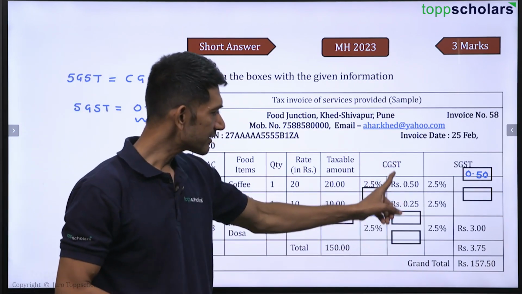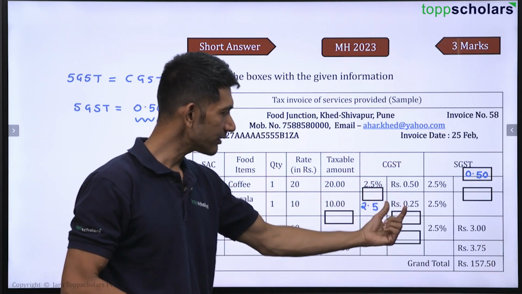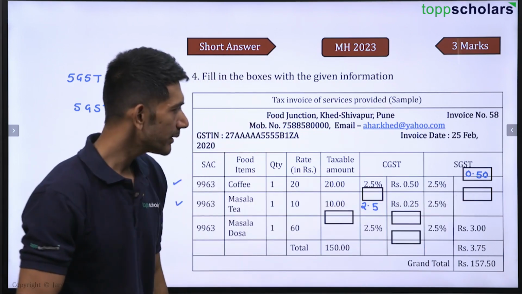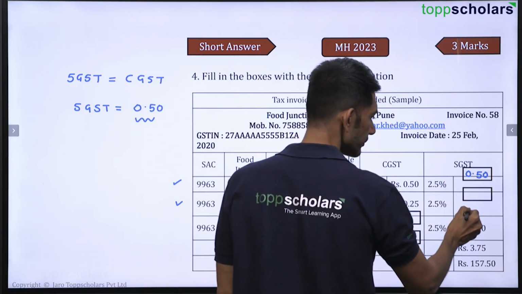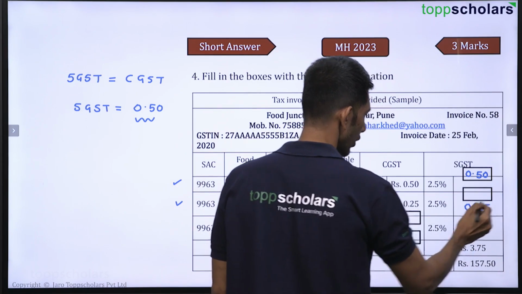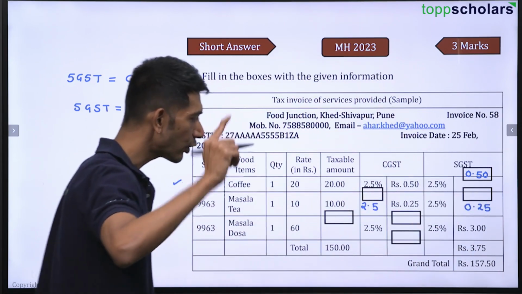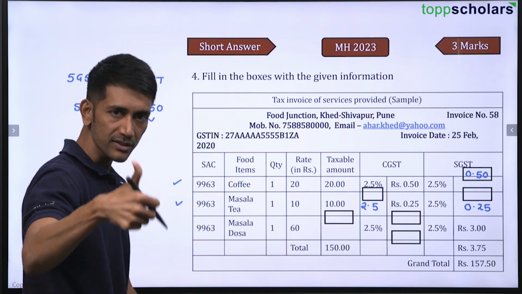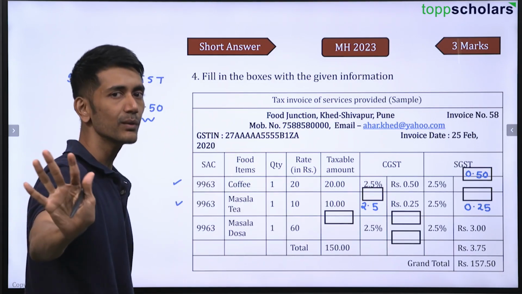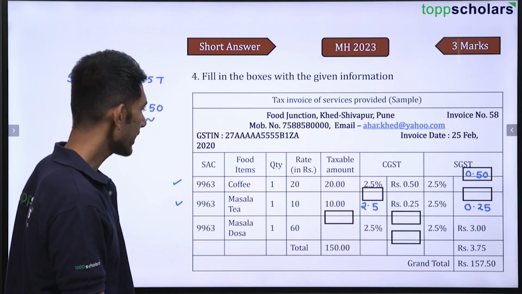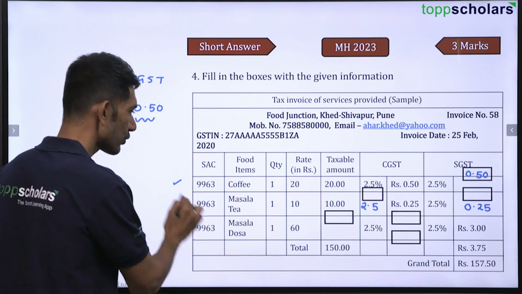And then if the CGST is 0.25 rupees, how many rupees will be here? 0.25. Always remember these two columns are always equal. They're going to be split equally because CGST and SGST are always equal. That's it.